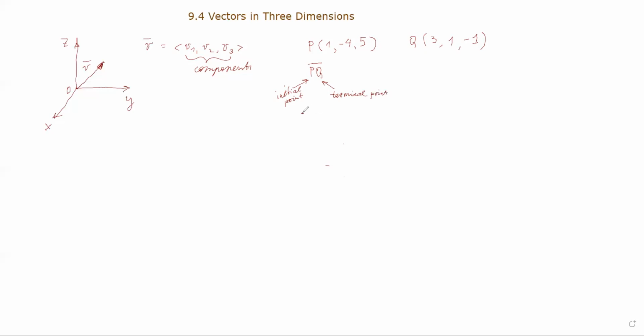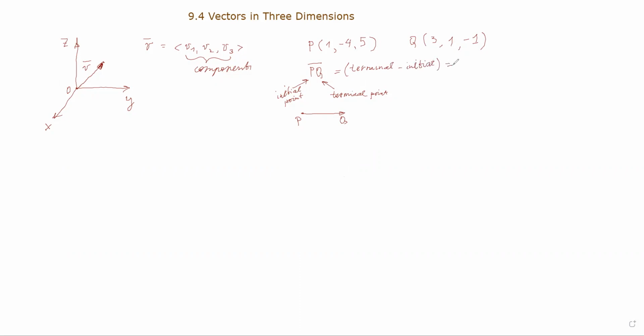So vector PQ is going to start at point P and end at point Q. Okay, so how do we calculate the components of this vector PQ? The general rule is: subtract initial from terminal. I'm going to write down terminal minus initial.